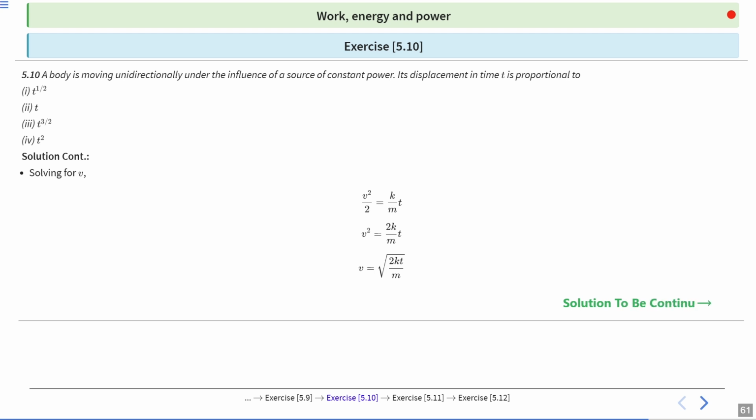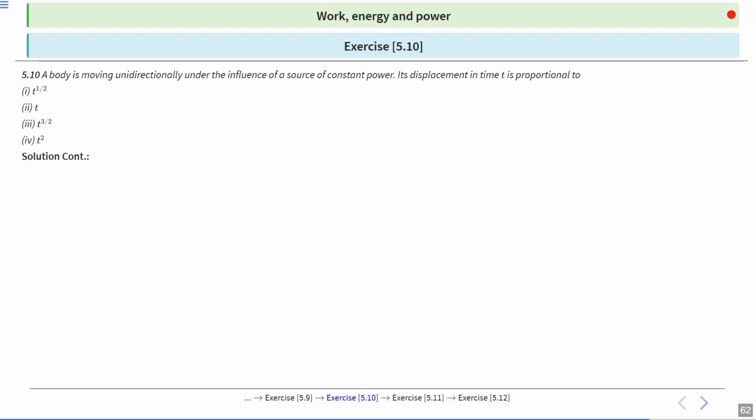Now for displacement x of the body, we have v is equal to dx upon dt. So dx upon dt is equal to under root 2k divided by m into t raised to the power 1 by 2. So dx upon dt becomes k prime t raised to the power 1 by 2, because here we assume under root 2k by m is k prime. So k prime is a new constant.